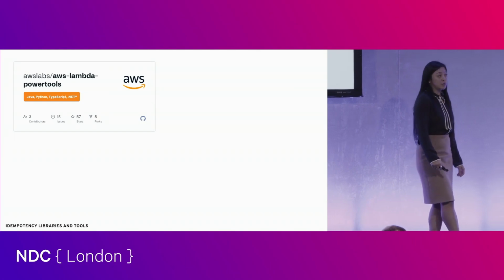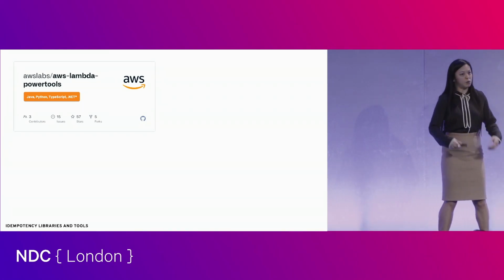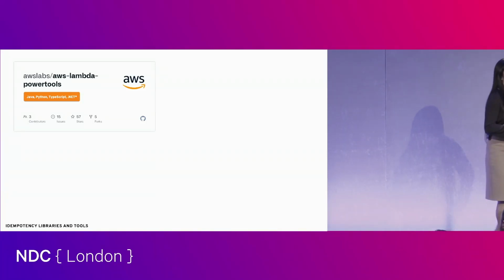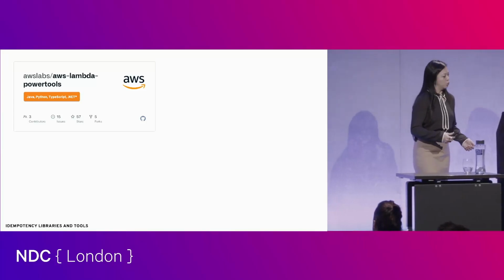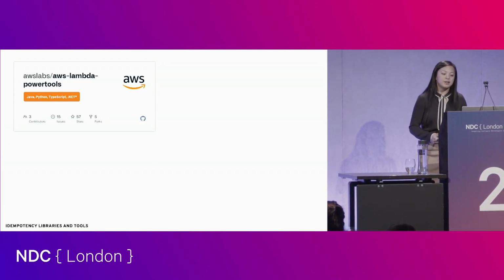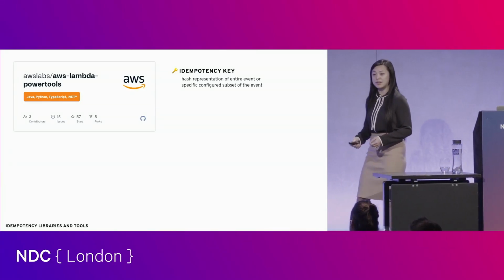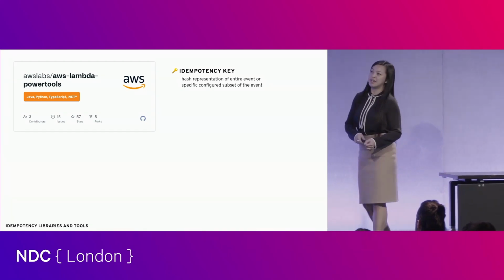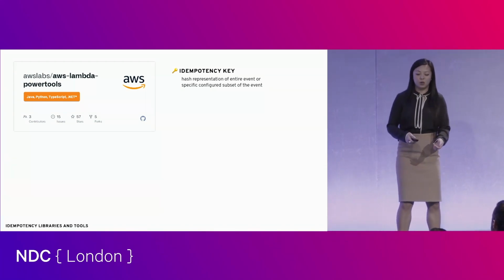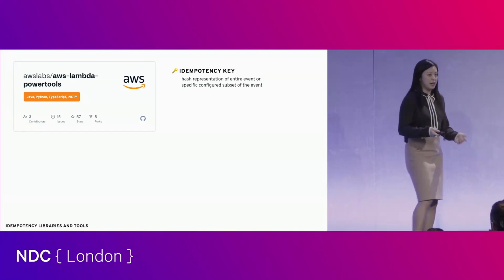So they're working on it. They have a roadmap that you can check out. And they are very, very open and transparent about what is happening, what you should use, what you should not use, and what is going to be slated next for the team to work on. So I really like this particular library because it uses a lot of the things that I spoke to you about. They use an idempotency key. In this case, they use a hash representation of the entire event, or you can choose to configure a specific subset of that event.